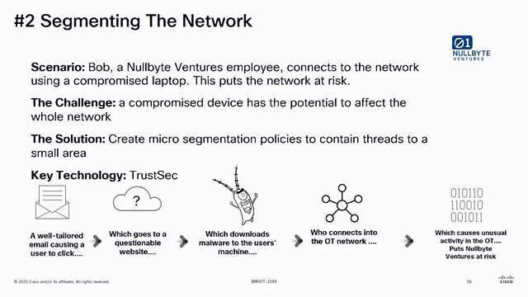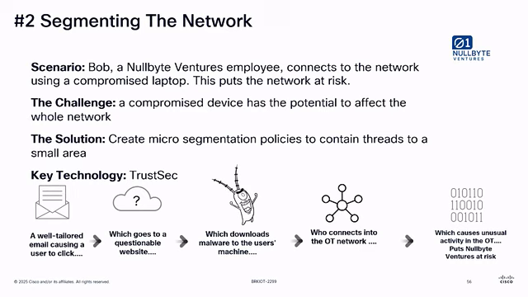The challenge here is that if this employee connects this into an OT network and it is not segmented, then this will propagate easily into the network. We can have some undesired behavior that will cause downtime. It can be a targeted attack on certain infrastructure. We can be stealing critical data.